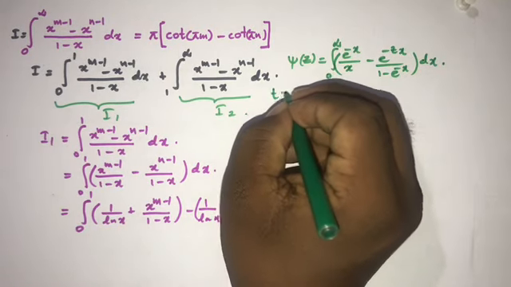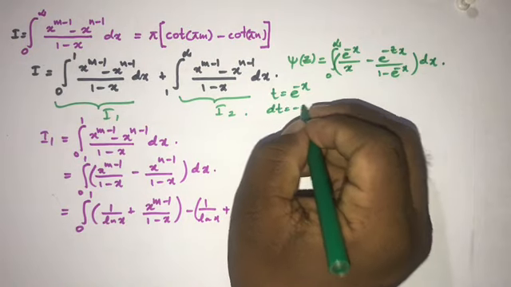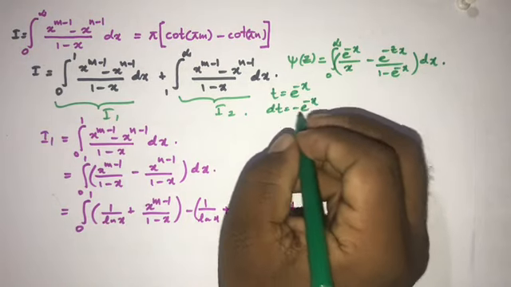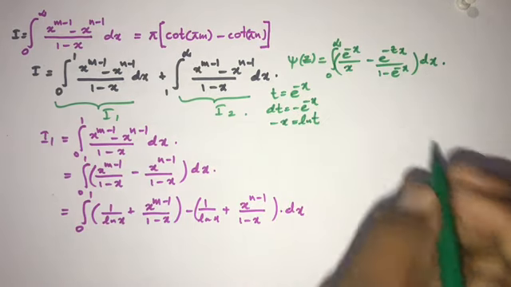So if we take t equal to e^(-x), now dt is equal to minus e^(-x) dx. Also we know minus x is equal to natural log of t.